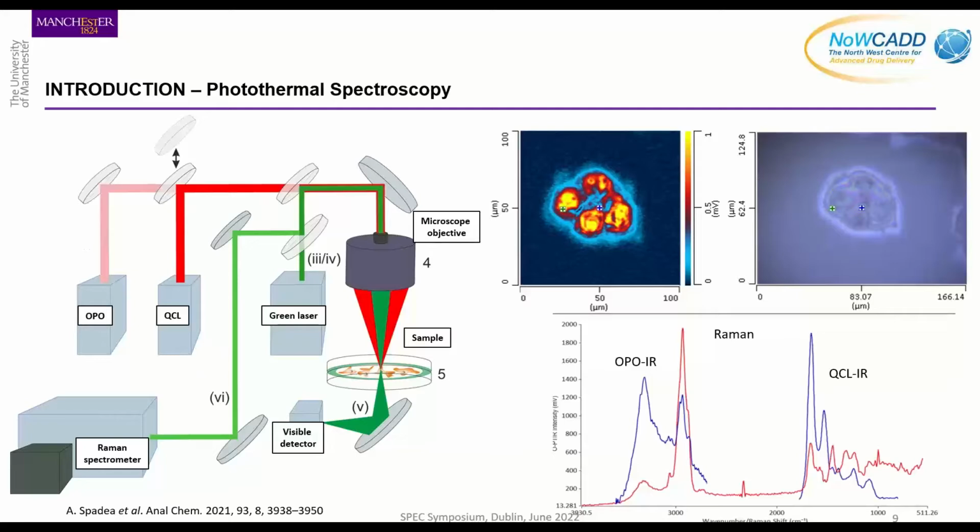So basically, we're now in the fortunate position where we've got the QCL that delivers the fingerprint region, we've got the Raman that goes right across the spectrum, and we've got the OPO that gets us the high wavenumber region. So in a single instrument, at the same time, on the same spot, we can collect data across the whole spectrum, and we can do a much more complete analysis of our data.